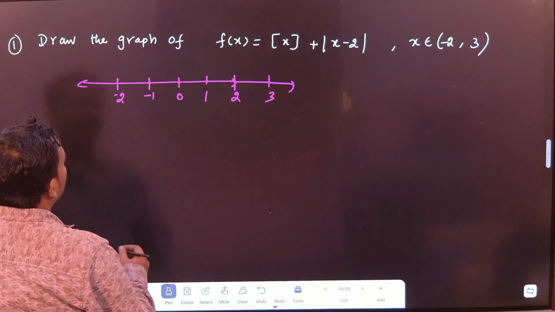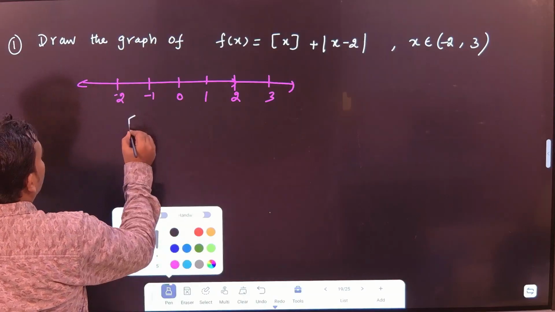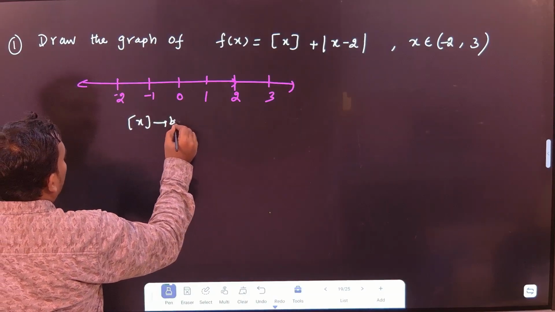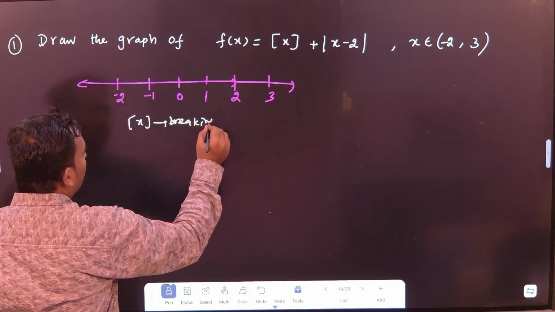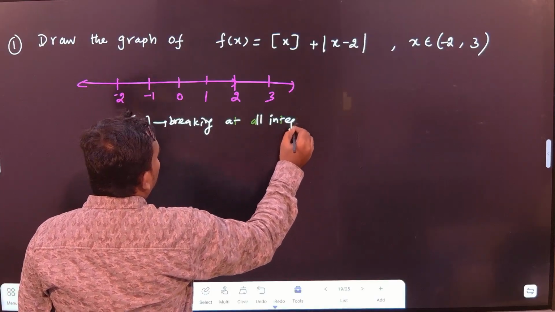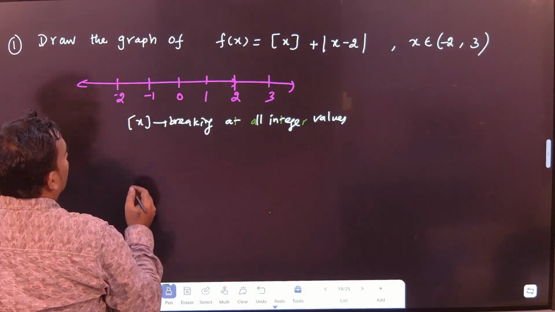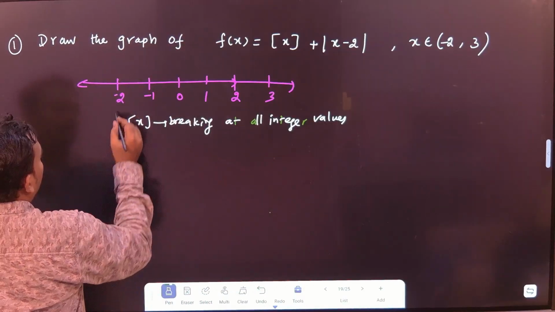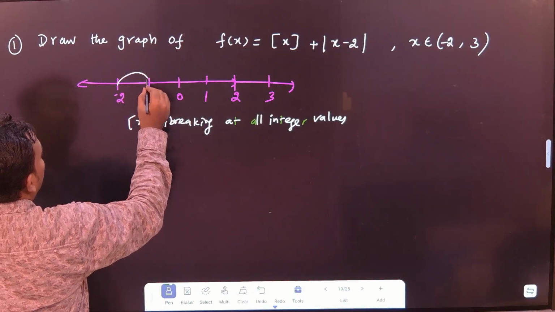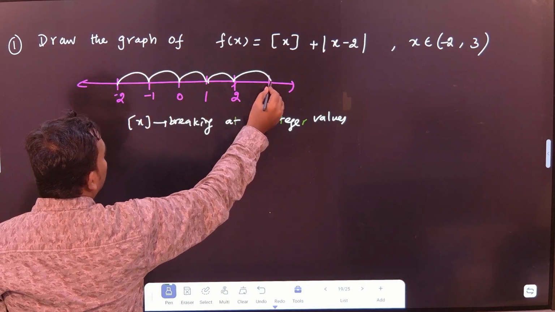Okay, first you can see the greatest integer function breaking at all integer values, right? Okay, so you have to take -2 to -1, -1 to 0, 0 to 1, 1 to 2, 2 to 3, right?